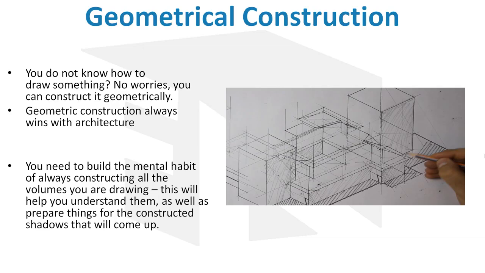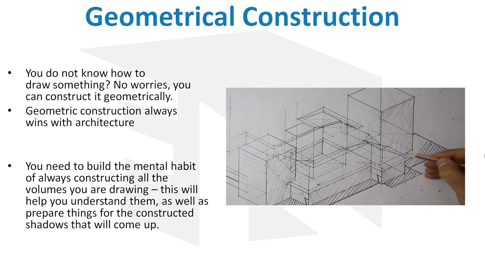So the fundamental principle behind technical drawing is geometrical construction. So you probably don't know how to draw something? That's fine, you geometrically construct it. That's the gist of the thing. Basically you start with the four types of lines, with the construction lines, and you slowly but surely construct the volume.